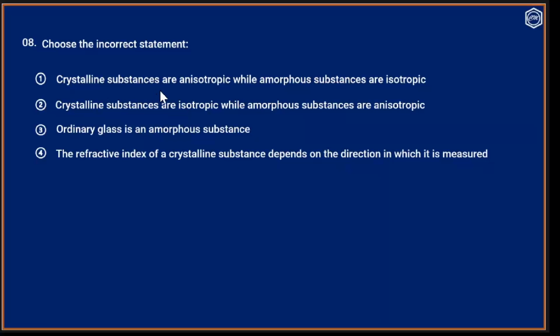We know that crystalline substances are anisotropic while amorphous substances are isotropic, so this is a correct statement. We have to choose the incorrect one. Crystalline substances are isotropic while amorphous substances are anisotropic: that is an incorrect statement. The other two are correct statements. So the answer is option 2.